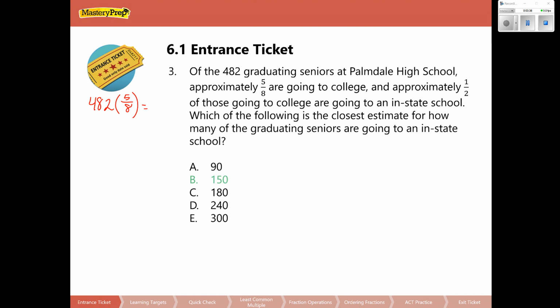So we can do 482 times 5/8 first, or 1205 over 4. And then we can multiply that by a half. So we get approximately 150.625. And the one it's closest to is 150.